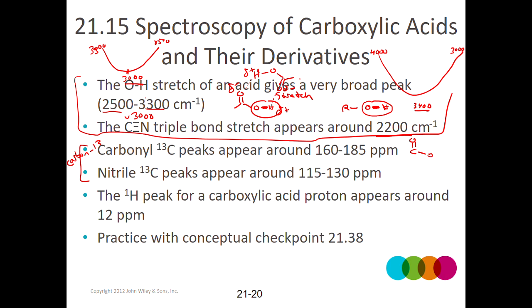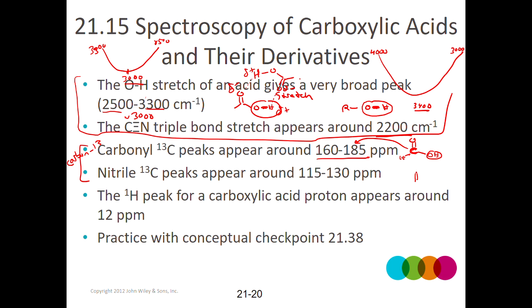So anhydrides, esters, amides, carboxylic acids. If there's a heteroatom here, meaning it's not a carbon, basically meaning it's not an aldehyde or a ketone, it's a carboxylic acid or carboxylic acid derivative, we usually see the carbon NMR show a signal for the carbonyl carbon specifically in that area. It's above 150.